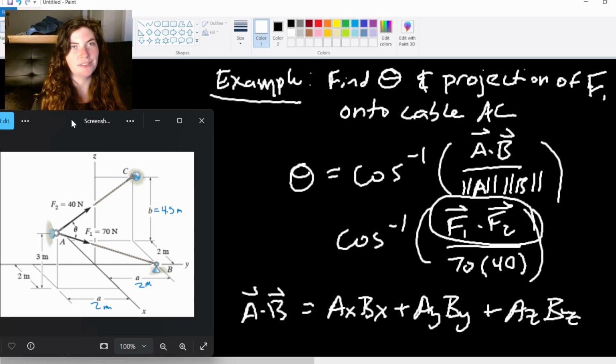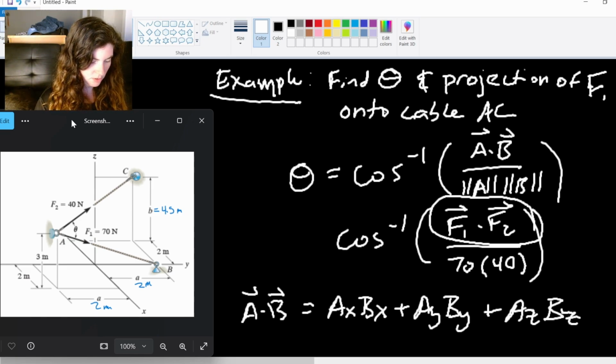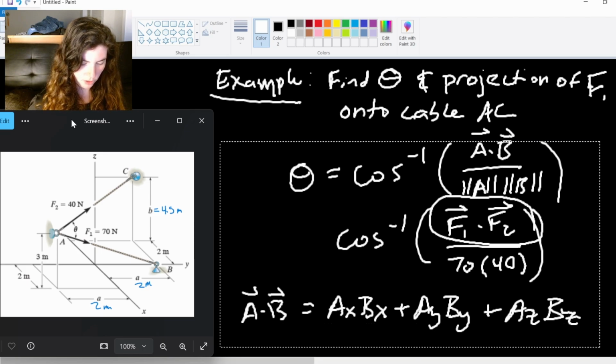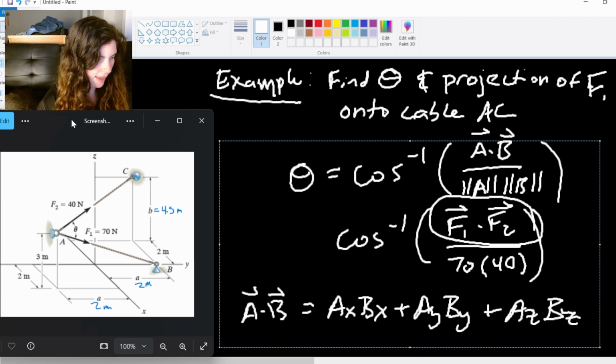Now the tricky part is going to be finding those AX, BX, all of those component pieces from F1 and F2. So we're going to go about doing that how we did it in the last section, using position vectors to find the force vectors. Let's go ahead and look at F1 to start.